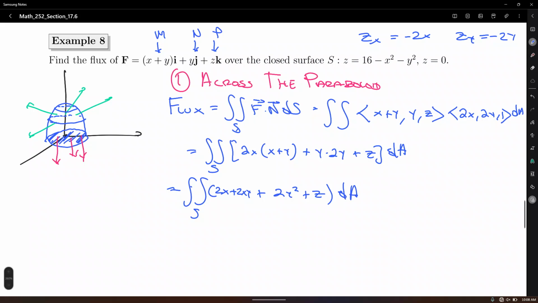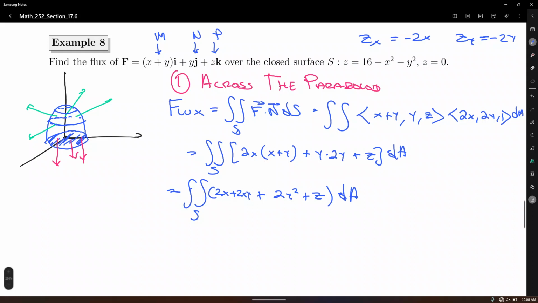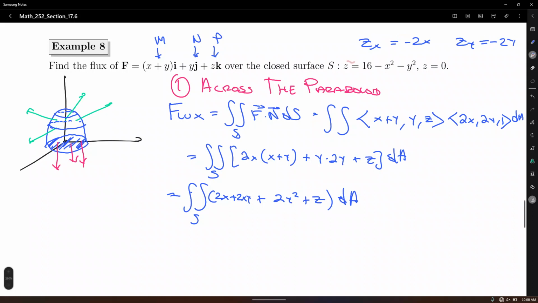Again, this reduces to a double integral where dA is dx dy or dy dx. Do you see that z over there? We need to get rid of that z because our integrand cannot have variables other than x and y. So how are we going to do that? We're given z, so replace it here.